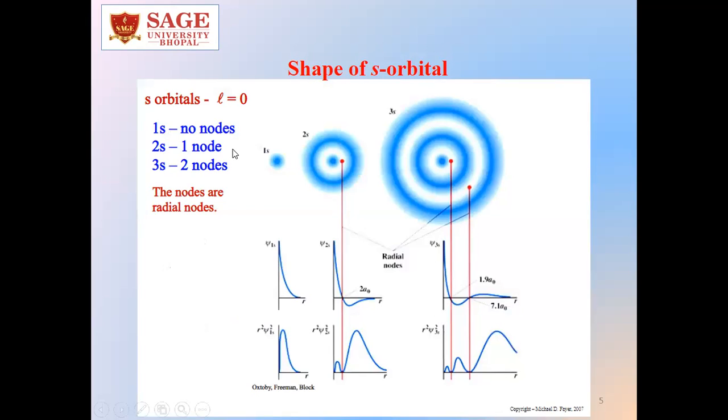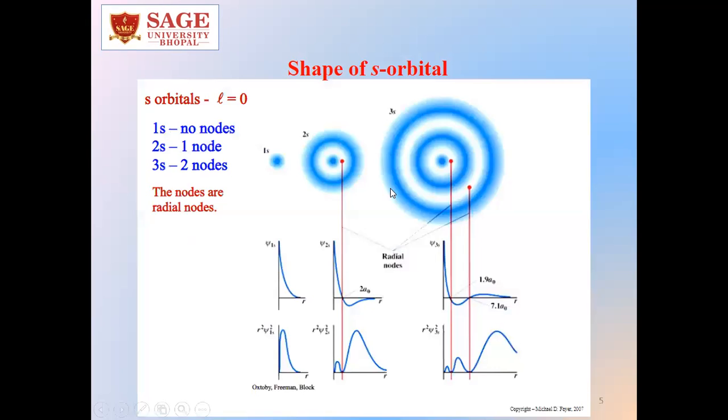We also know that for 1s orbital there won't be any node. For 2s orbital there will be one node: n minus 1 equals 2 minus 1 equals 1, so there will be one node. For 3s orbital there is 3 minus 1 equals 2 nodes. So here is one and there is another.